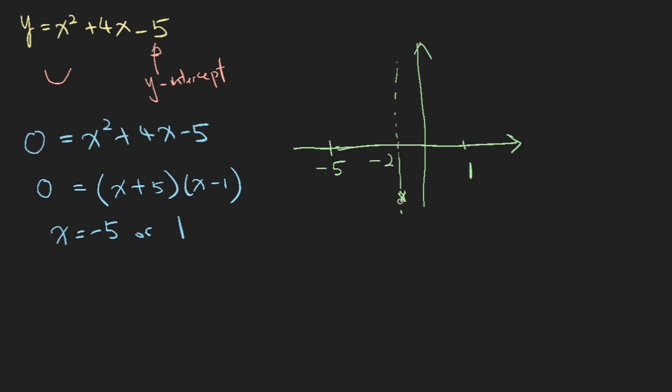So the maximum, or rather the minimum point is here. It crosses here and here. And we also know that it intersects the y-axis at minus 5. So our graph will look like this.